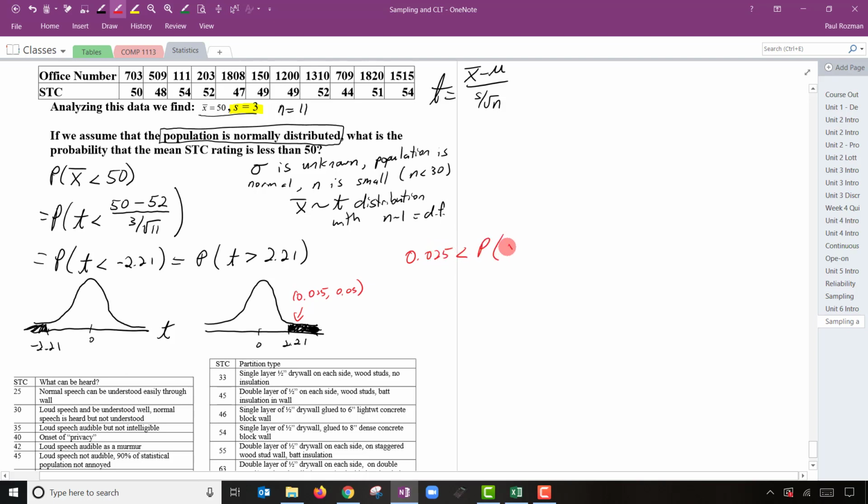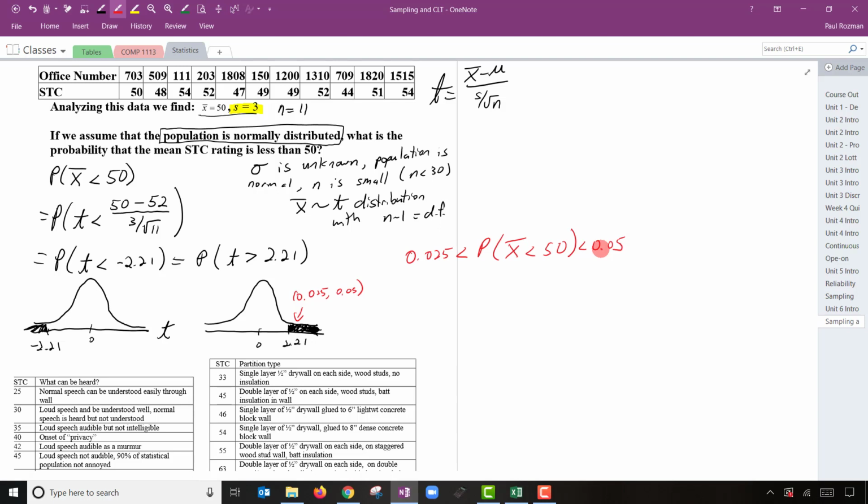Our probability of getting a mean sound transmission class of under 50 is somewhere between 2.5% and 5%, which is unusual. It's low. It's not as crazy low as the other one, where we had 10 to the minus 24.